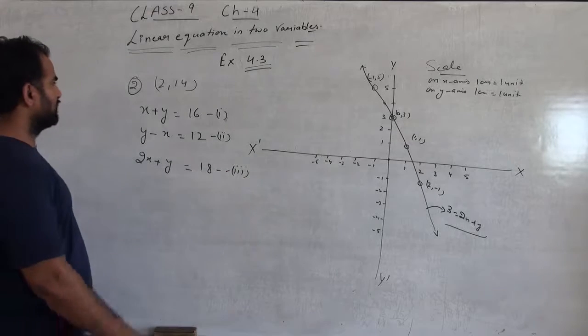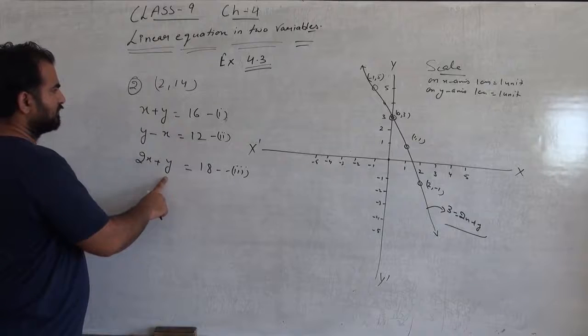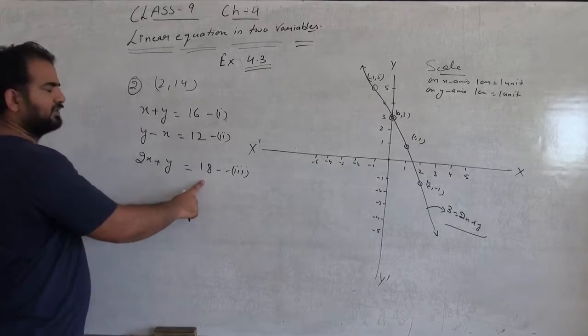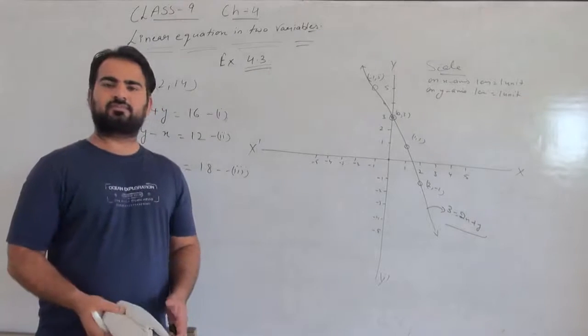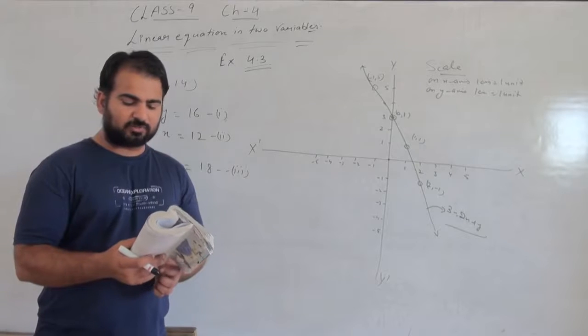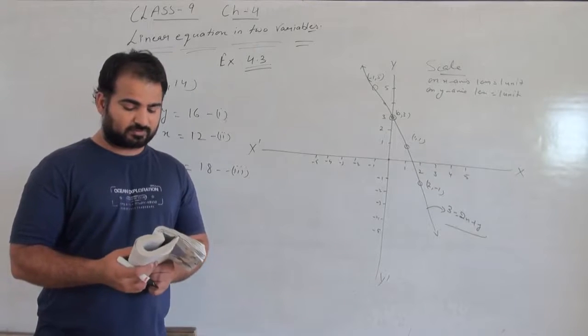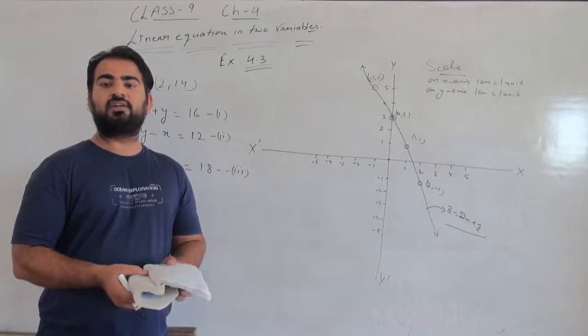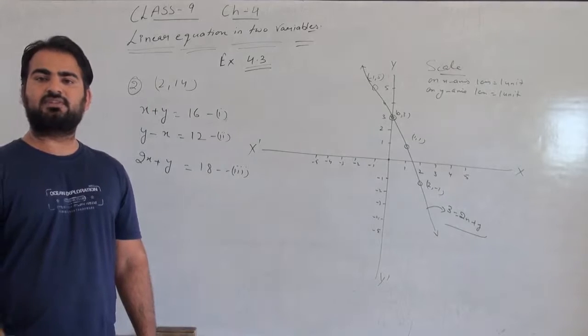Okay, so place that point here. 2 into 2 will be 4, 4 plus 14 equals to 18. It is satisfying. So we can make as many equations as we can. Okay, so how many more can there be? There can be infinite lines. And why? Because from a single point, the number of lines which can pass is infinite.